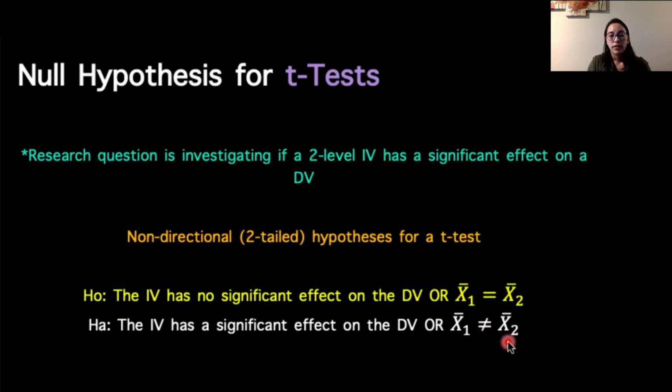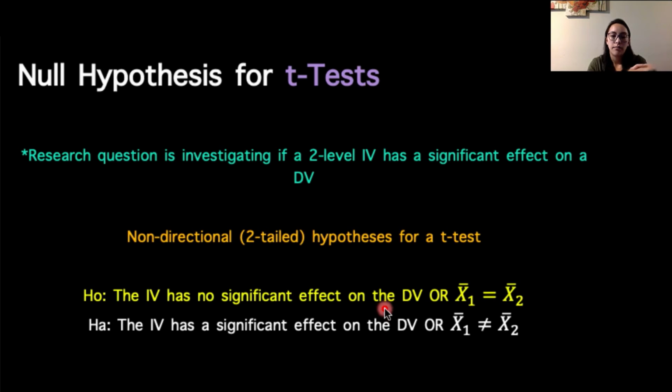I have other null hypothesis variations in the notes section of the PowerPoint version of the lecture. So other ways that we can say this yellow null hypothesis here: there is no significant difference in the dependent variable between the means of sample A and B, or sample 1 and 2, right?